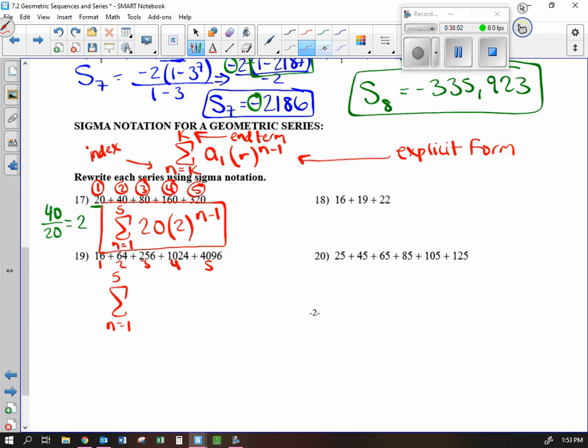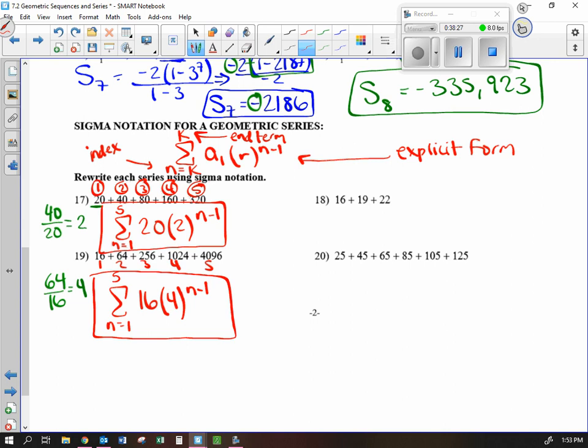Now, remember, we can take one term and divide it by the previous to get our r, so that's going to be 4. Our a sub 1 is 16. Our r is 4, and then we finish it out by raising that to the n minus 1 power. So that would be our sigma notation for number 19.